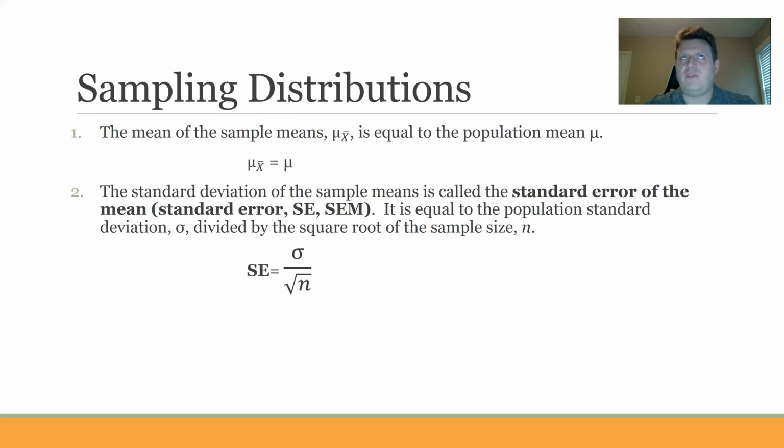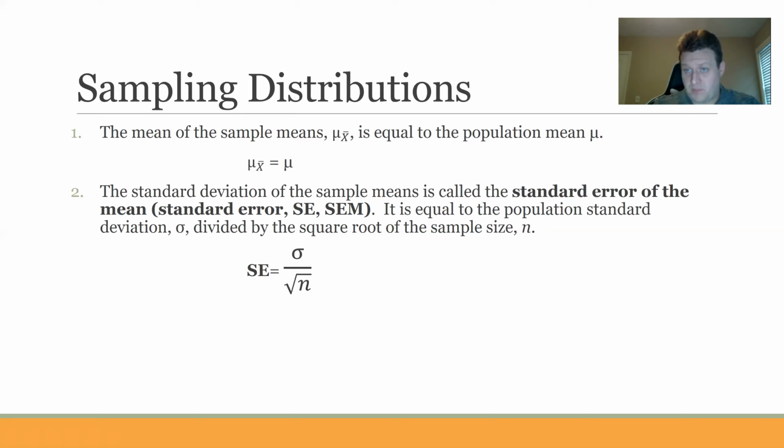Do the sample means become more representative of the true population mean if we have more or fewer subjects? More, right? If we have 5 subjects and we're calculating the sample mean, sometimes we might just randomly have selected a bunch of people that are outliers. But the larger our sample size is, the more people we're sampling, the more likely we are to get closer to the true population mean.